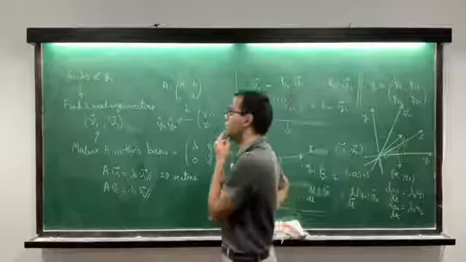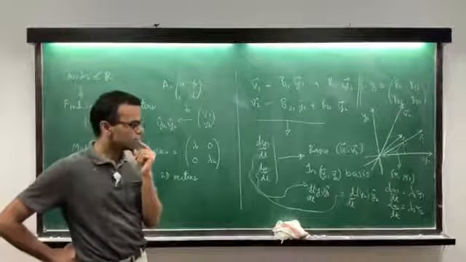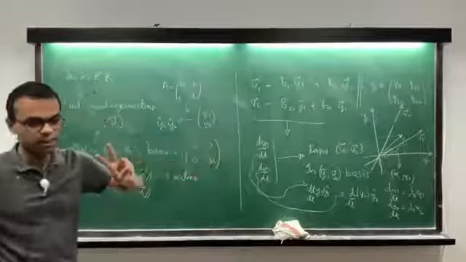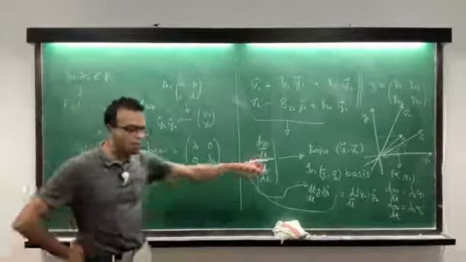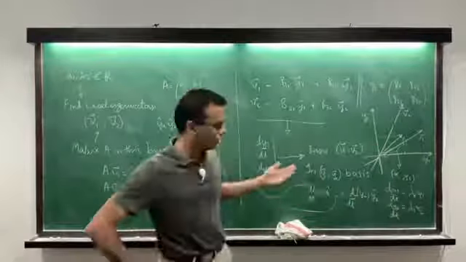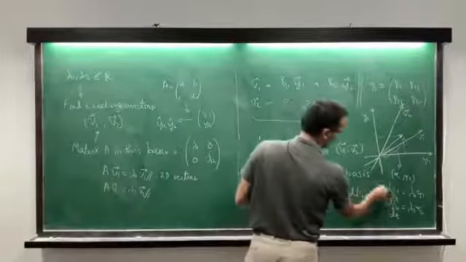So the moment you have lambda 1, lambda 2 real, that means you can find in principle two linearly independent directions, V1, V2, in which the differential equation will become decoupled. Why do you want to do this? It's good because it allows us to solve these two equations independently.